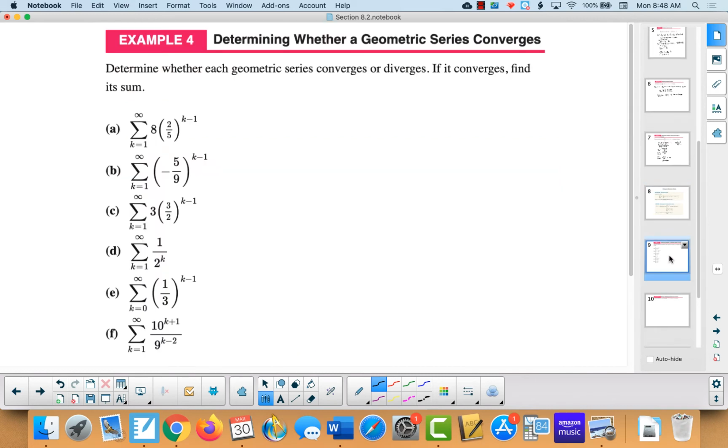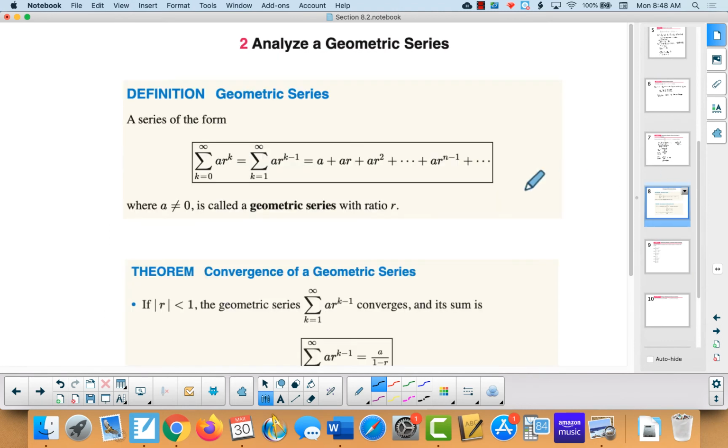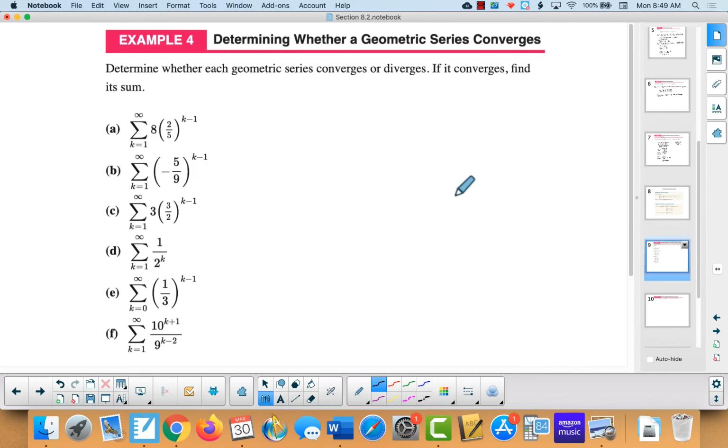So if we look at all of these, we just have to find the ratio. We do have to make sure that it is in the correct form of a number times the ratio to the k minus 1. So the summation form has to be in that form. This one is, and we can see right here that this is r, and this is a.